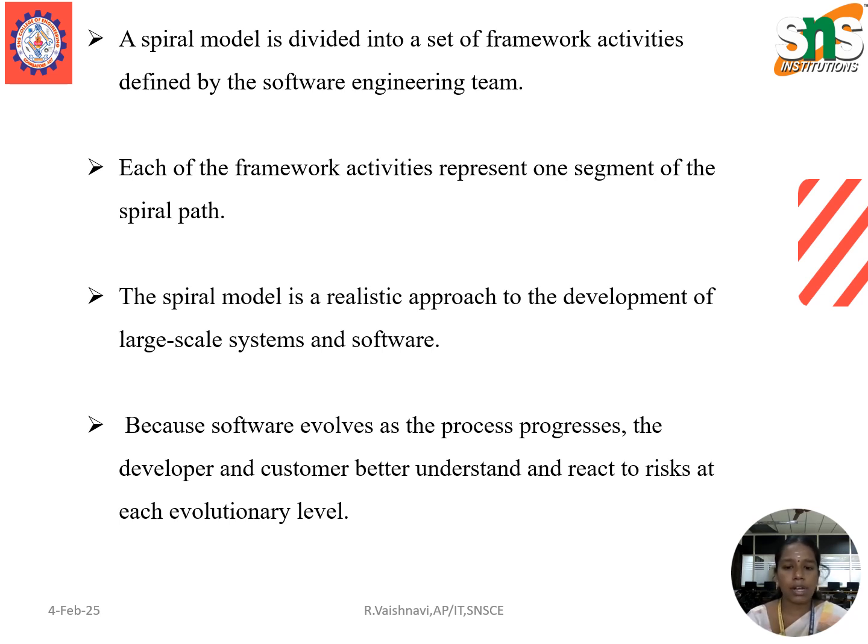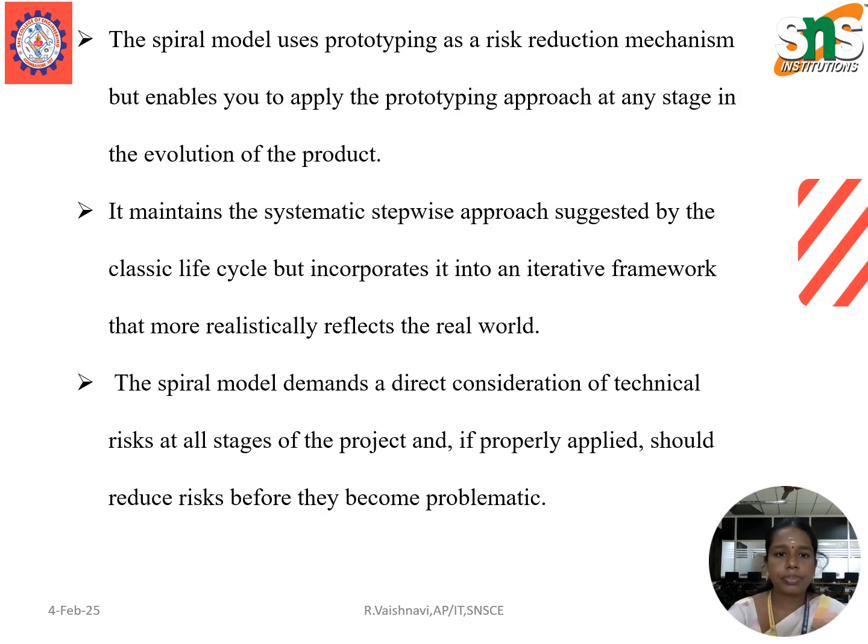Because software evolves as the process progresses, the developer and the customer better understand and react to risk at each evolutionary level. The spiral model uses prototyping as a risk reduction mechanism but enables you to apply the prototyping approach at any stage in the evolution of the product.